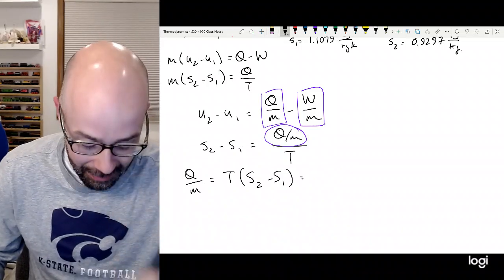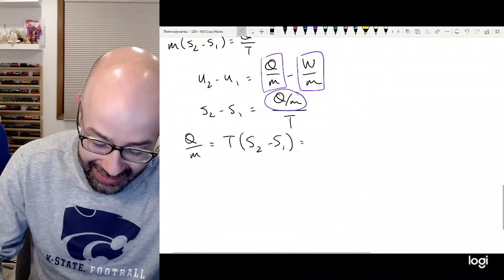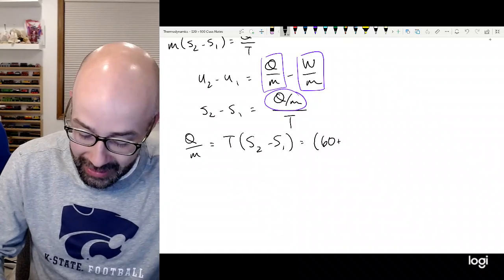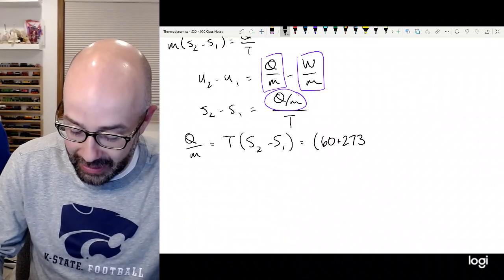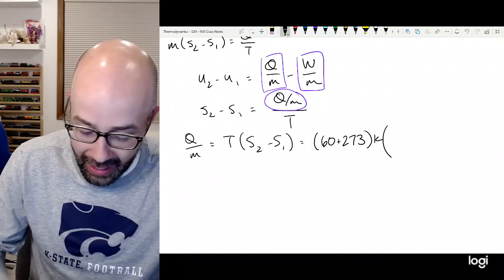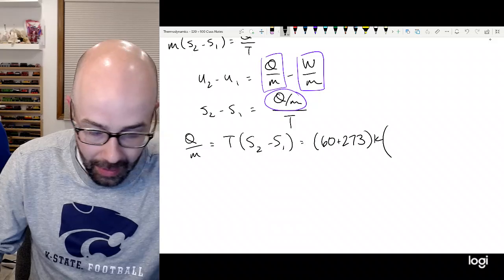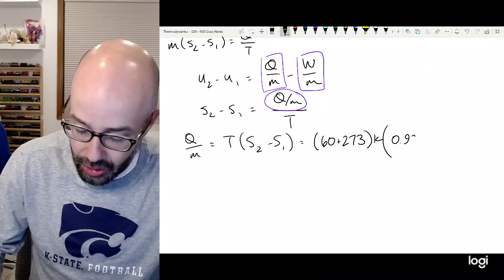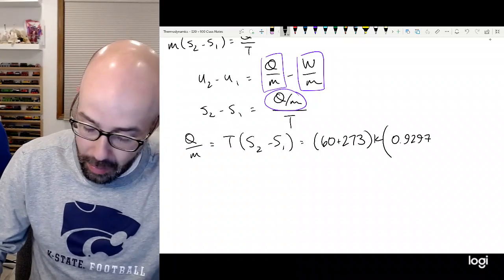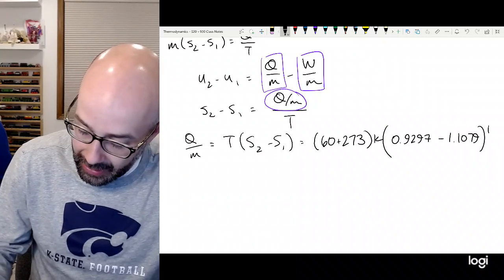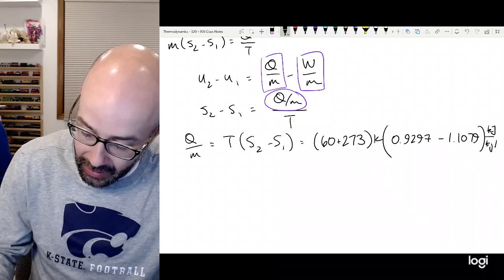It's a valiant attempt. Okay, so we're going to say here the temperature is going to be equal to 60 plus 273 Kelvin, and then we're going to do our S2 minus S1, which is going to give us 0.9297 minus 1.1079 kilojoules per kilogram Kelvin.